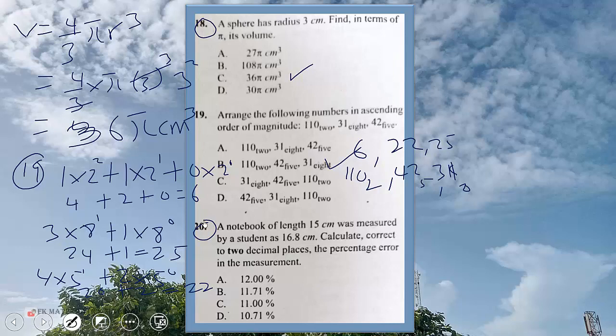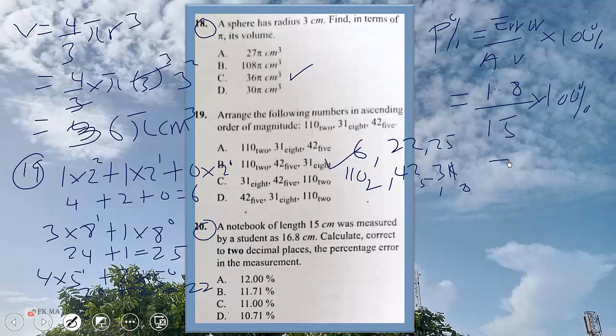Percentage error is equal to error over actual value times 100%. The error here is the difference, 16.8 minus 15, which is 1.8, over 15 times 100%. And this will give us 12.00%. So the correct answer is A.